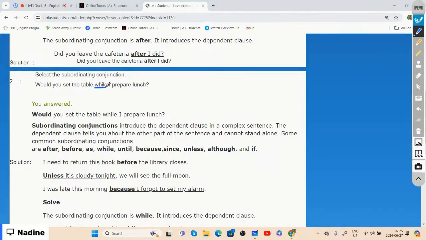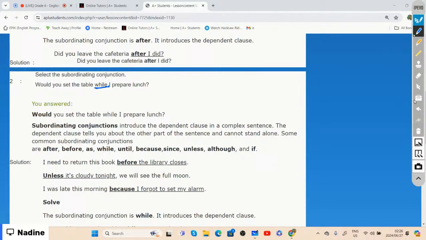So, while is our subordinating conjunction. Yes, and while is correct. So, well done.